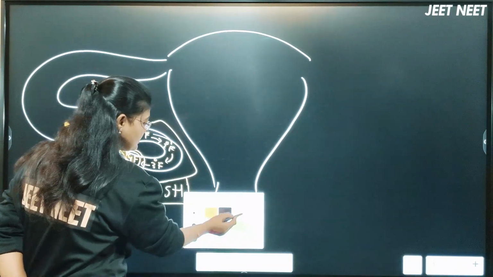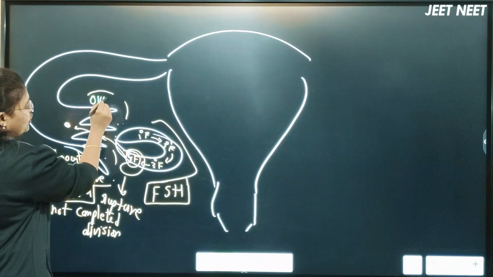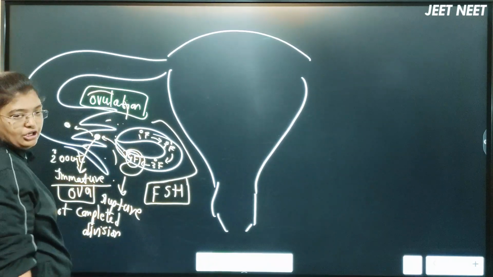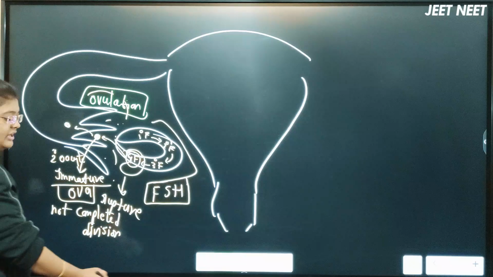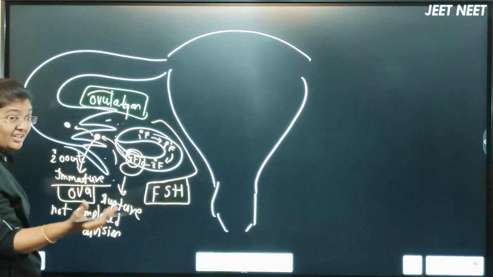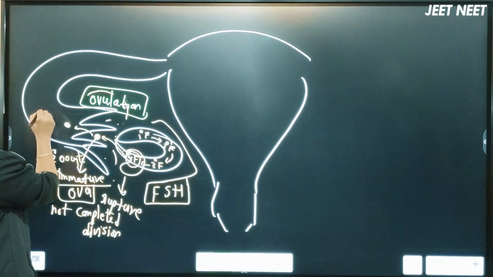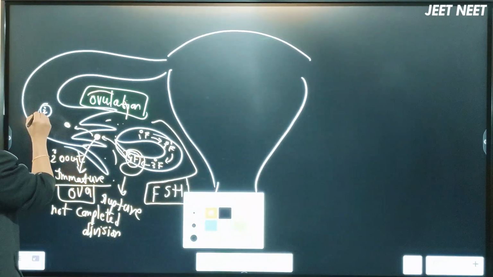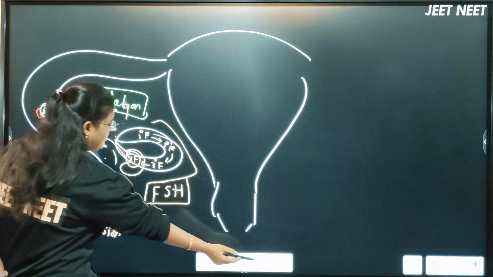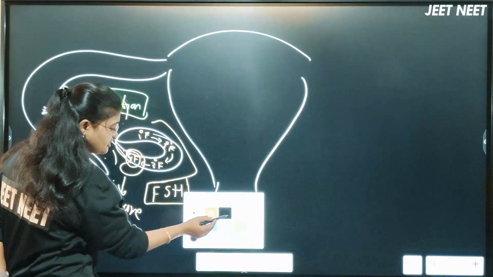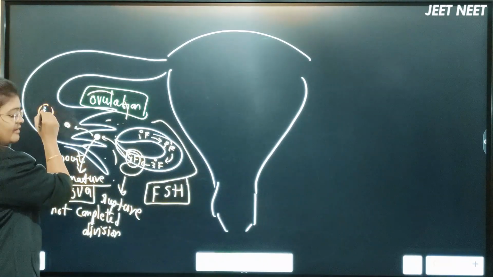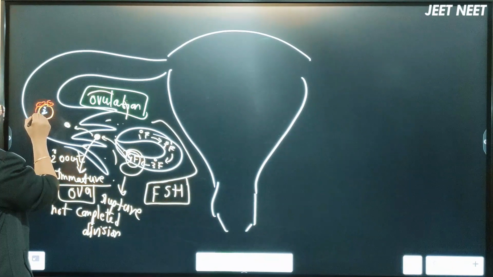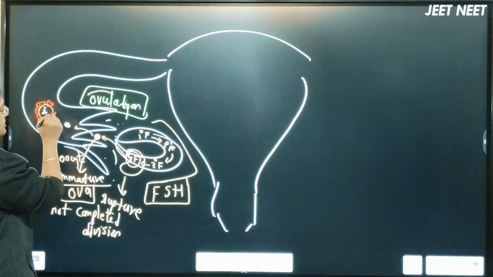We'll call this process what here? Ovulation, because of the rupture of the Graafian follicle. Now ovulation has happened. Once ovulation has happened, what structures are going to be released? Look here now, beta. The secondary oocyte is surrounded by what here? I'm sorry, the zona pellucida is still there. The zona pellucida will be present, surrounded by cells called the corona radiata cells, right?